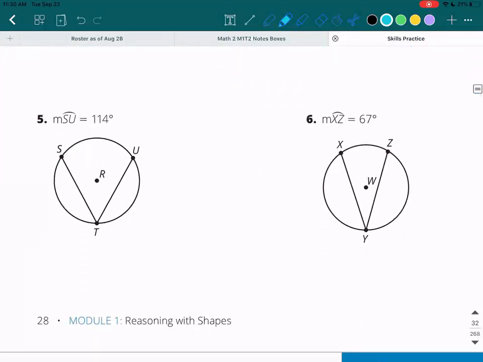So same thing here, we still have inscribed angles, so we're going to end up halving the arc. So our arc is 114, and so the measure of angle STU is equal to half of that, half of 114. What's half of 114? 57. 57, good.